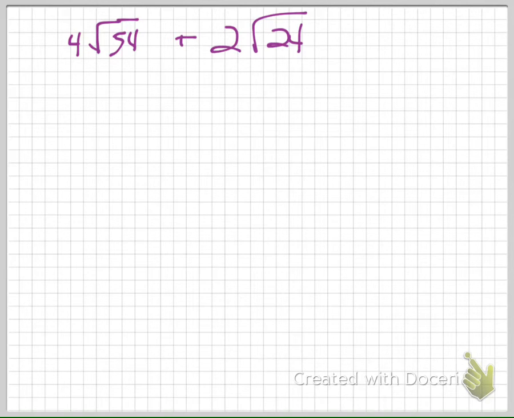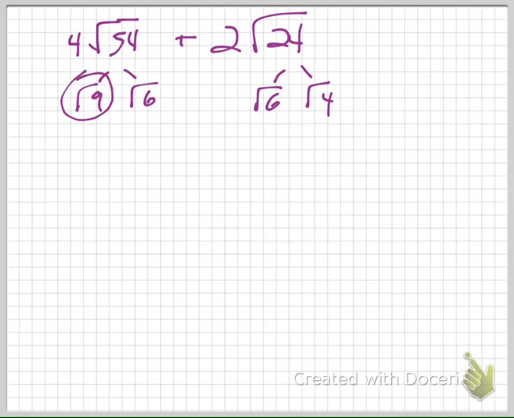Let's take a look. 4 times the square root of 54. So 54 is the square root of 9 and the square root of 6. And this is the square root of 6 and the square root of 4. What can I do with that square root of 9? Pull out a 3. So that becomes a 3.